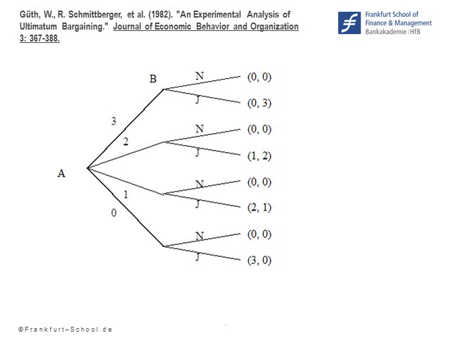This is the game we have to discuss. There's a person A. Let's assume that is me, and I have 3 units of money, which I can give all to you. I also could give 2 units to you and keep 1.